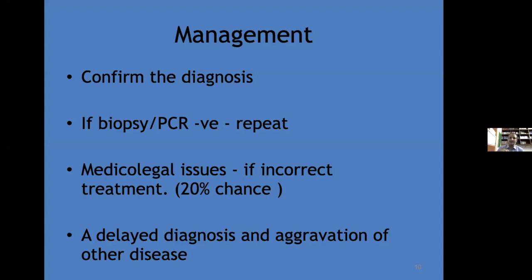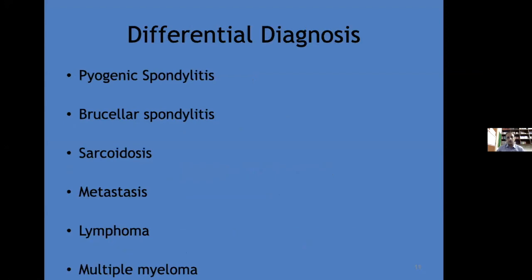And the reason is that if you are treating empirically, there is a very high chance of a delayed diagnosis and aggravation of other types of different diseases, which I'll be discussing soon. So what are the differential diagnoses, say on MRI or clinical picture, which may mimic Pott's spine?